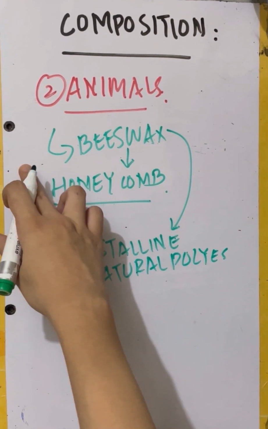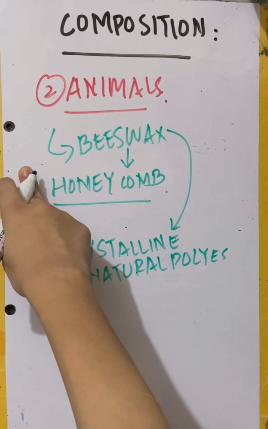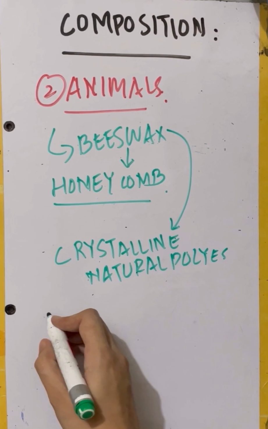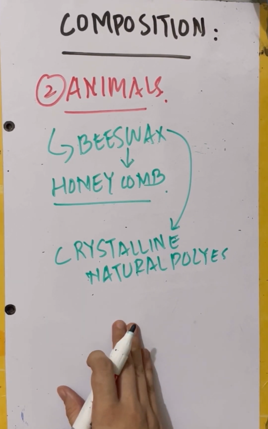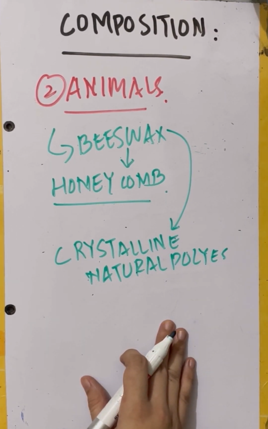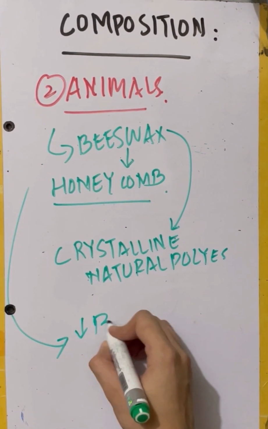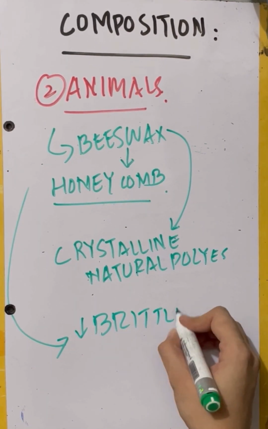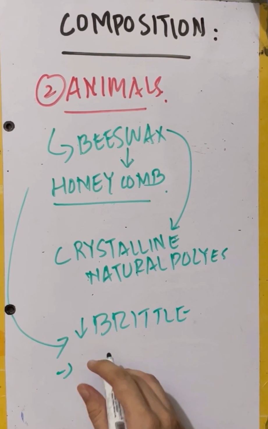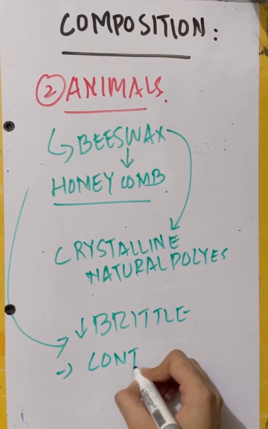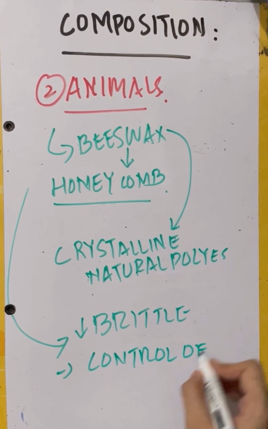And beeswax is also added into the paraffin wax to make it less brittle and reduce the extent to which it flows under stress. So, what does beeswax do? It decreases the brittleness of paraffin wax and also controls the flow of paraffin wax.